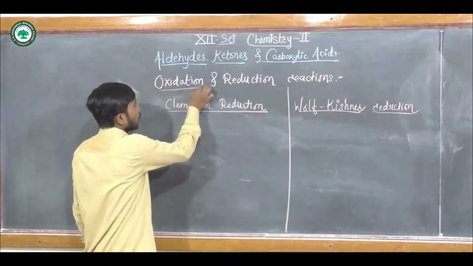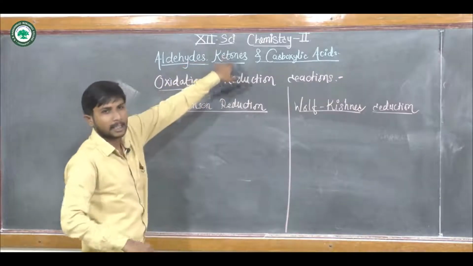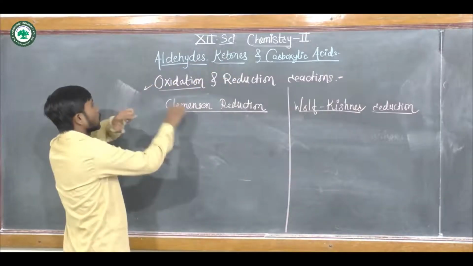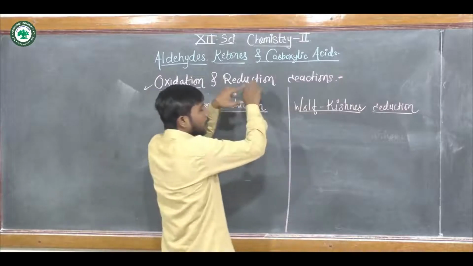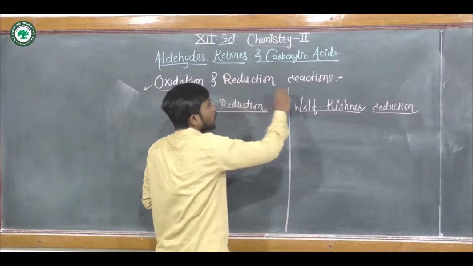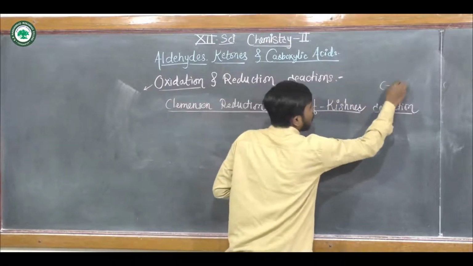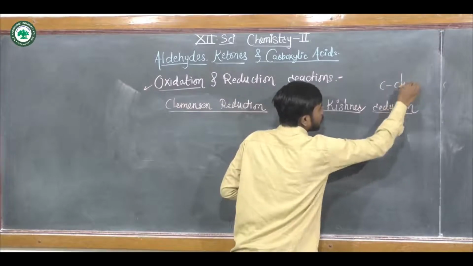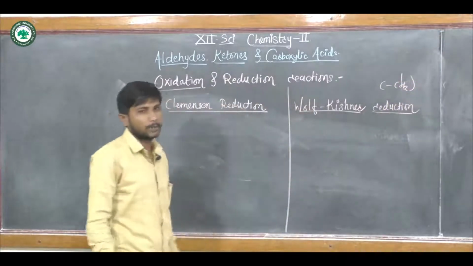We know oxidation of aldehydes and ketones forms carboxylic acid, while reduction of aldehydes and ketones forms a methylene group. Here we have to keep this in mind.